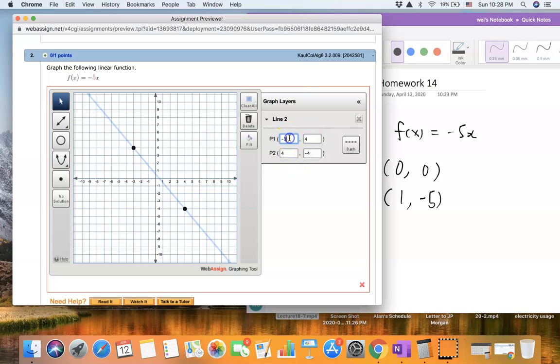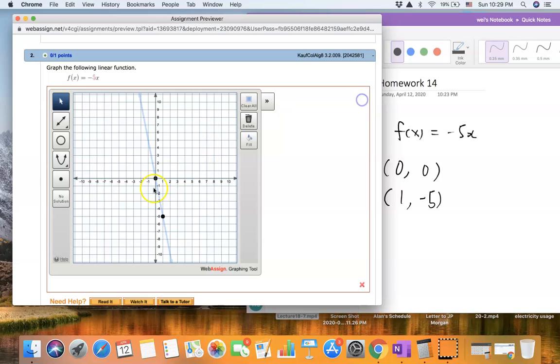And now you can just type the coordinates of the point you have found. And this tool will modify your graph. So this is our answer.